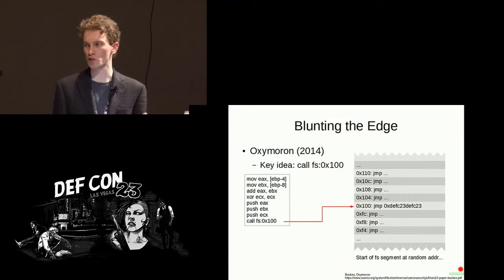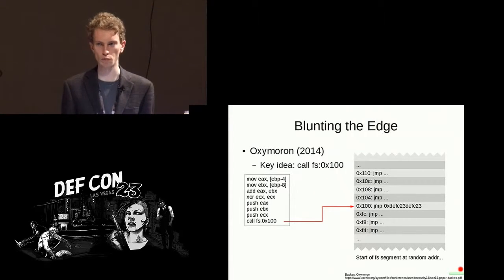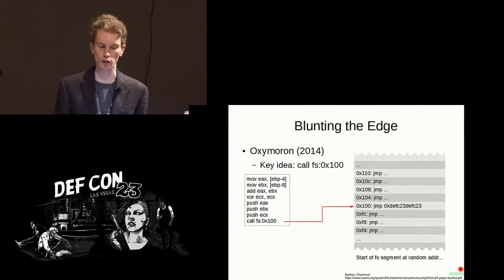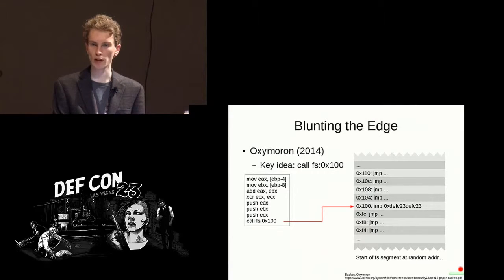And the trick that they use is reusing the vestigial remnants of segmentation that's still available on 64-bit Intel architecture, to use the segment selector register in a far call. So you can have this piece of assembly code that I have on the left here, which has a call using the segment selector register to some fixed offset in this FS segment.